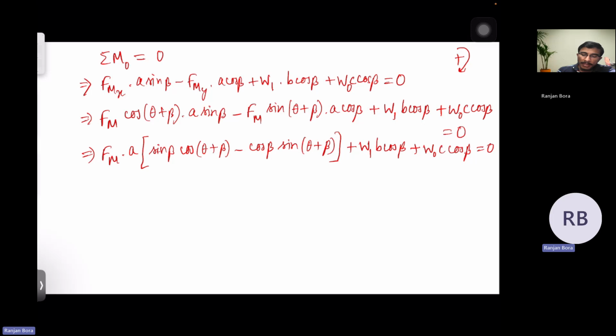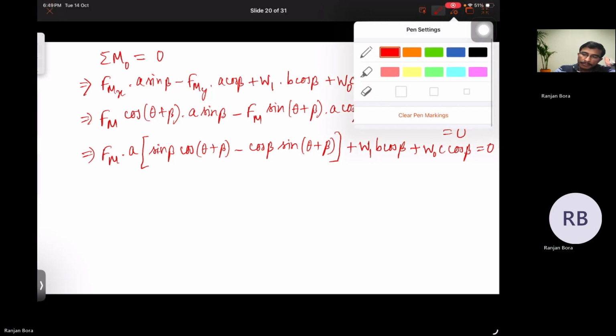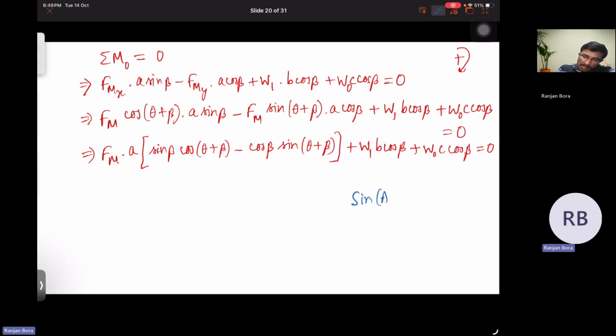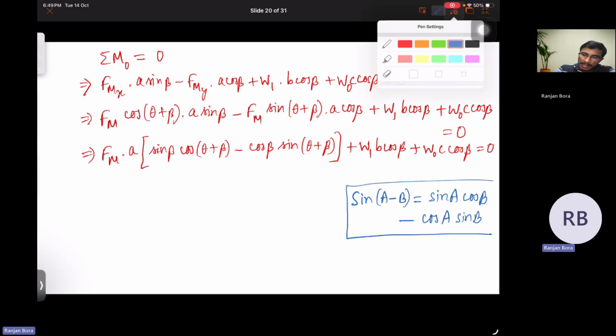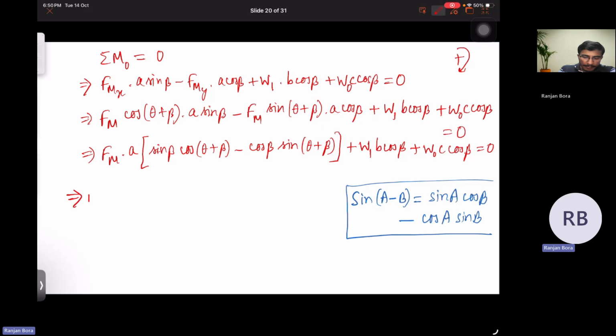Now we can use this trigonometric relation: sin(A minus B) equals sin A cos B minus cos A sin B. Here, Fm dot A times sin(beta minus (theta plus beta)), plus W1 B cos beta plus W naught C cos beta equal to 0.